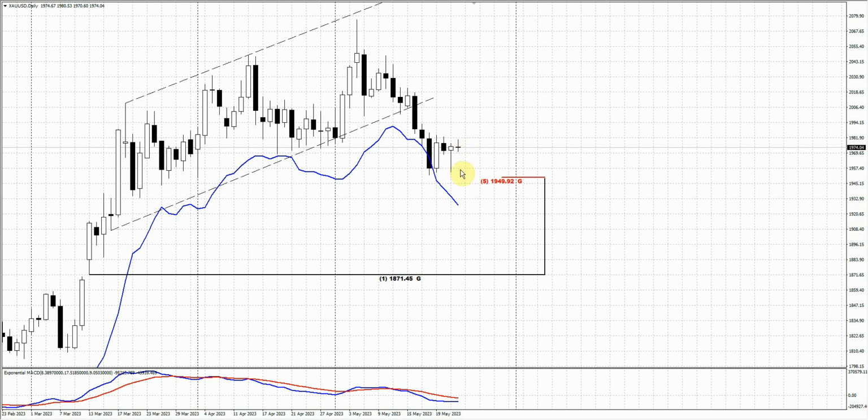So yesterday we discussed the possible breakout of this area, but we said that the tricky moment is that, take a look, the 1949 and 1950 support area stands very close to the lows, where the market stands slightly lower, around the 1935 area.